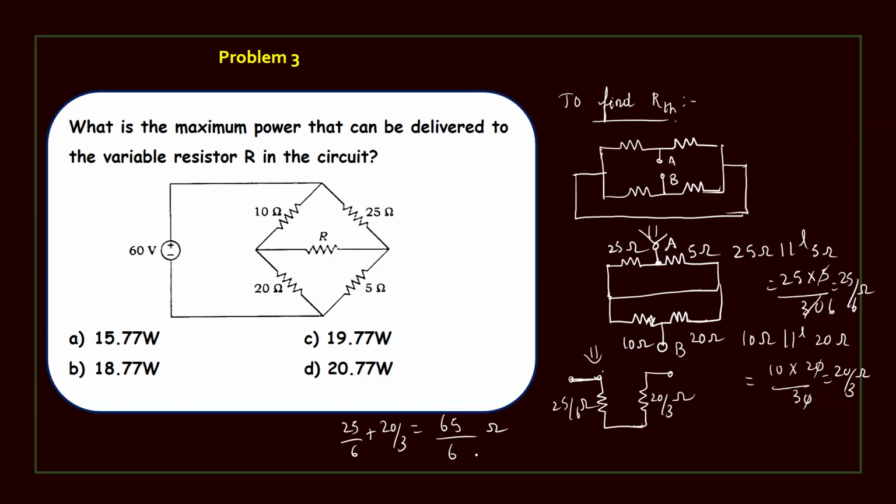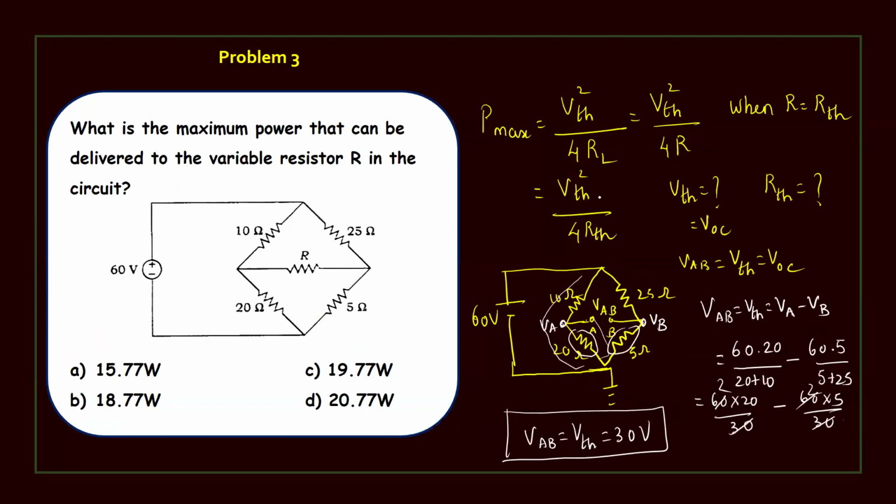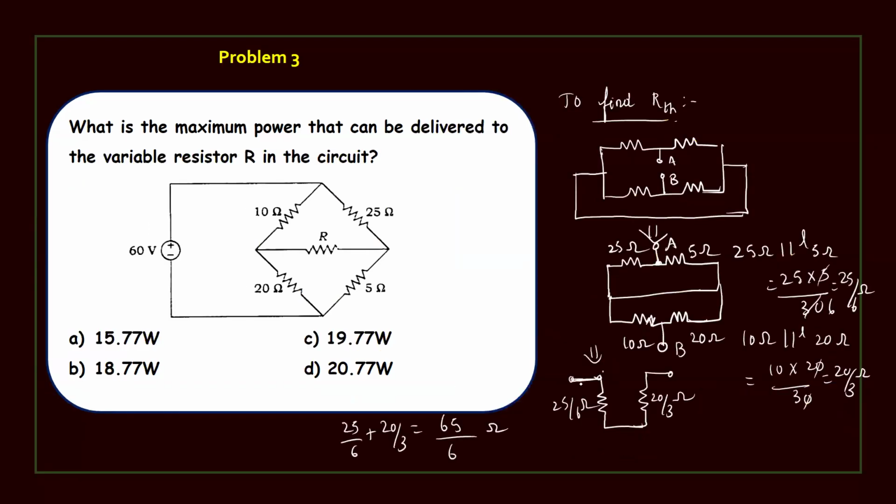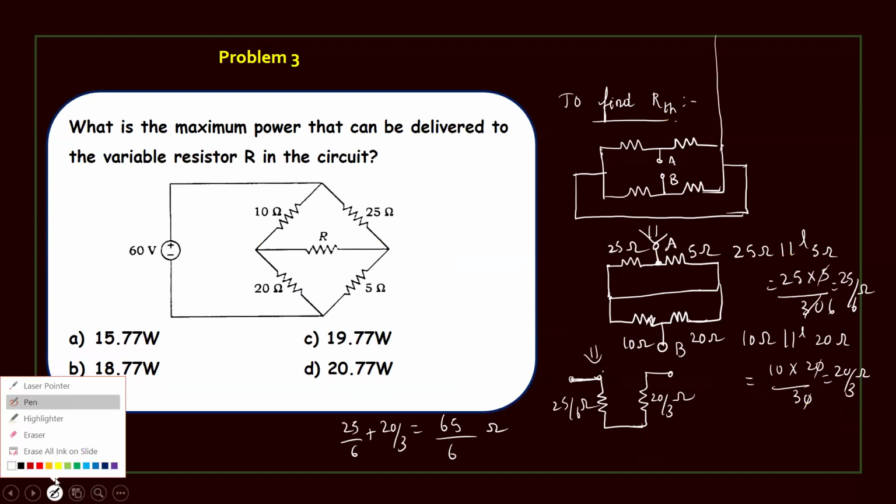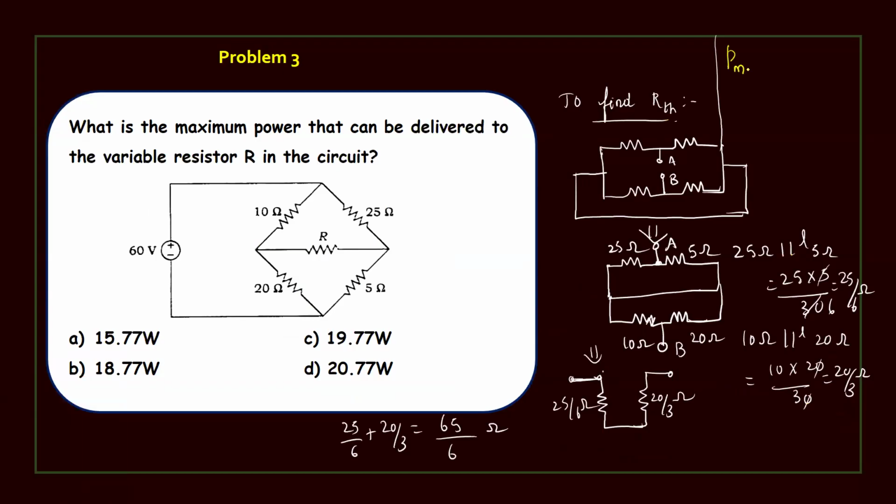Now we need to find the maximum power delivered. What is the formula? P max equals VThevenin square by 4 times RThevenin. VThevenin equals 30 volt.